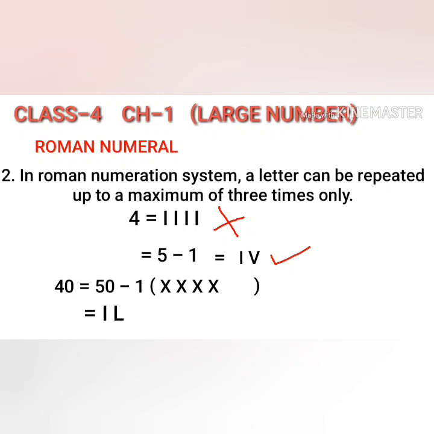Let us take one more example. Suppose I have taken 40 here. So 40 we cannot write as XXXX. This is 50 minus 10 and the value of 50 is L, so we have to write XL here. And why we subtracted here, we will learn later.